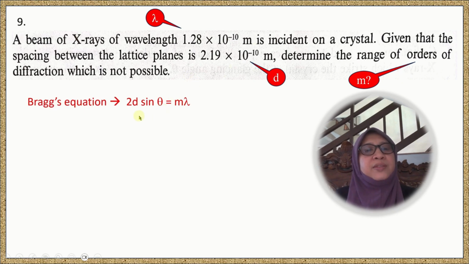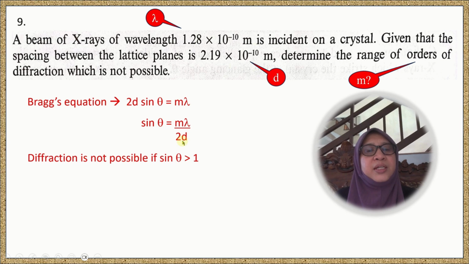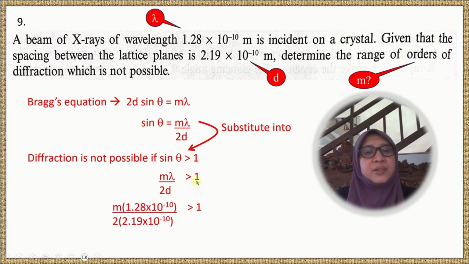So from Bragg's equation, 2d sine theta equals m lambda and sine theta equals m lambda over 2d. So diffraction is not possible if sine theta is larger than 1. So we substitute m lambda over 2d into the equation. So we cross multiply, we are going to find the range of m.